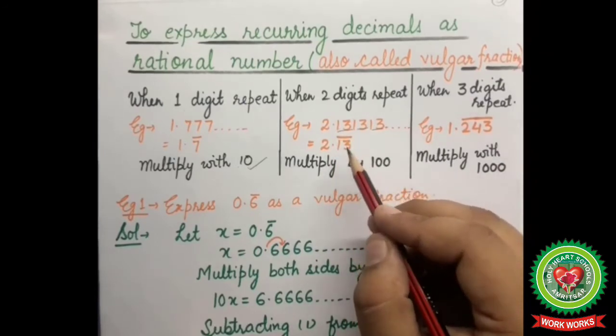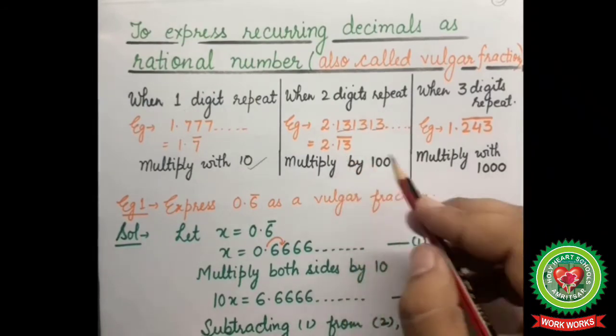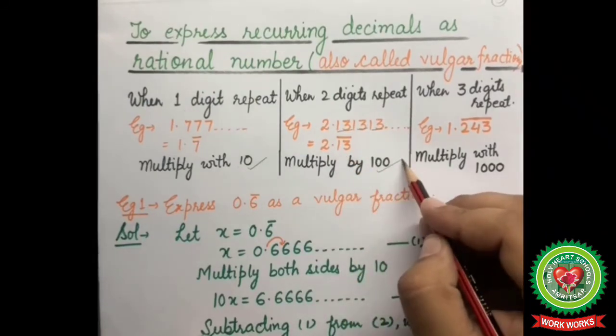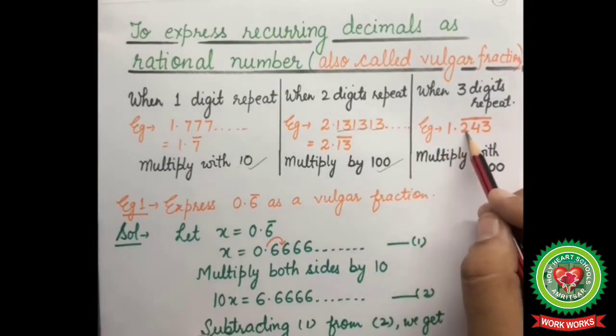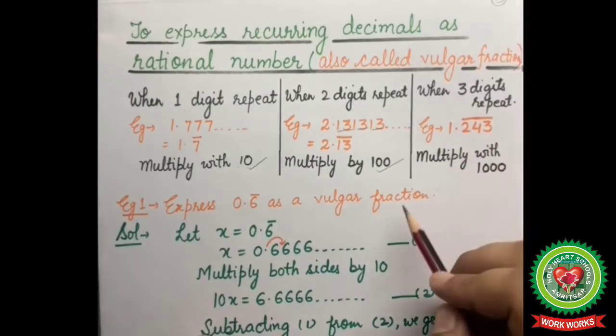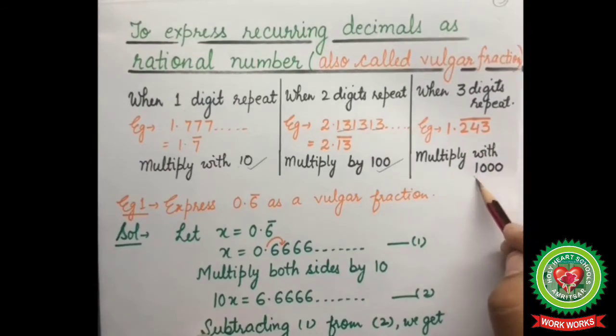Now in this case, since two digits after the decimal are being repeated, so we are going to multiply by 100. Now the next example, 1.243 bar. Now in this case, three digits are being repeated. So for that, we are going to multiply with 1000.